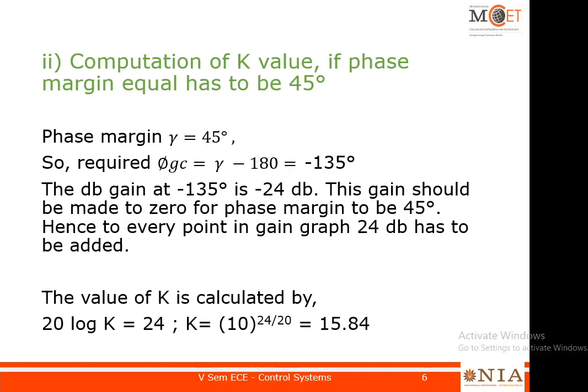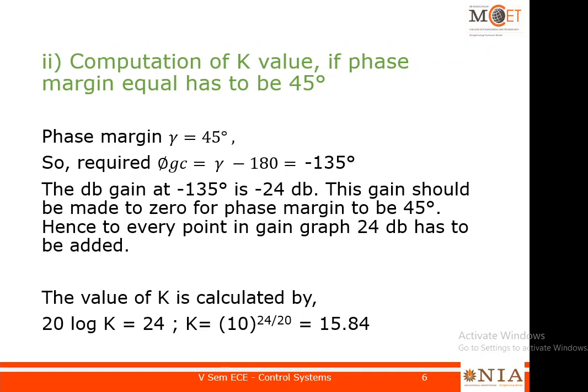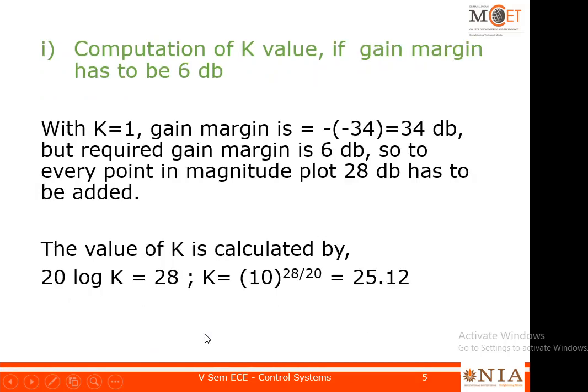So you need not draw the two new graphs for k equal to 25.12 and k equal to 15.84. It is enough if you calculate mathematically. How much gain has to be added to the gain plot? If you find that, then it's easy to find the k value, in both the phase margin case as well as the gain margin case.